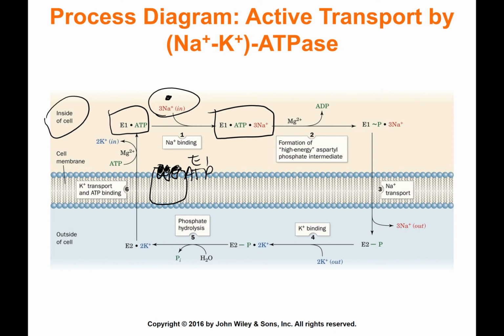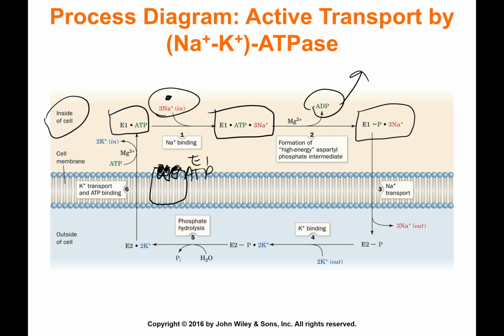And then that ATP can do the reaction we talked about. It can transfer its phosphate to an aspartate of the protein, causing ADP to be lost. So ADP goes away, right up here. We now have a phosphorylated version of the protein with 3 sodiums bound.